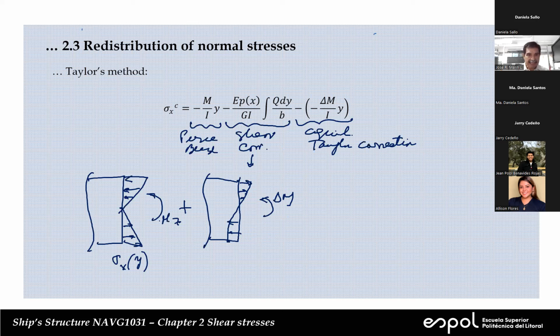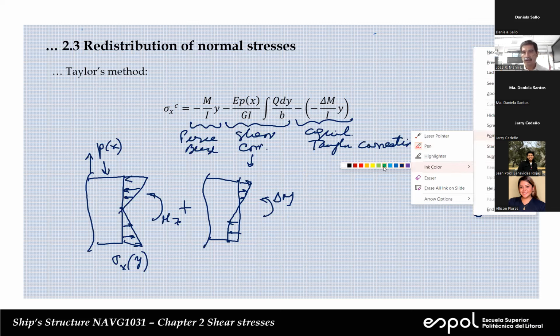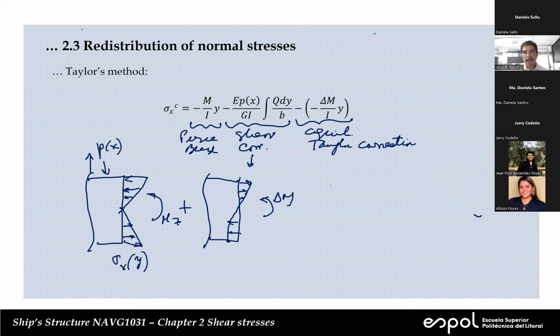But the problem is that this is what we need, because here I have P of X. This is what we need for equilibrium. If we apply this, then we're in trouble. And this is what Engineer Taylor proposed. So I'm going to change color to green. He said, okay, let's take the same section, but we need a distribution of stress which opposes this one here.